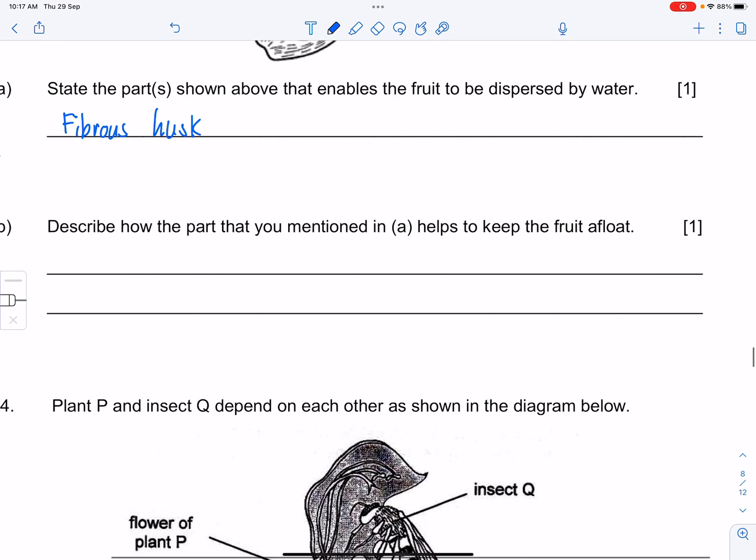Describe how the part you mentioned in A helps to keep the fruit afloat. So basically, over here, you need to tell me that the fibrous husk basically traps air or has air pockets that trap air.